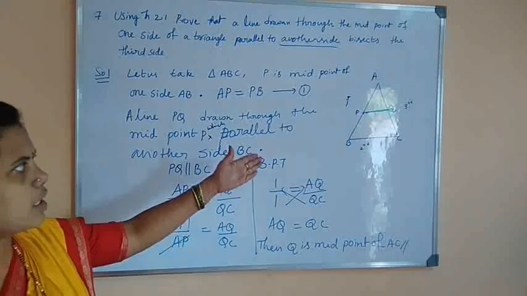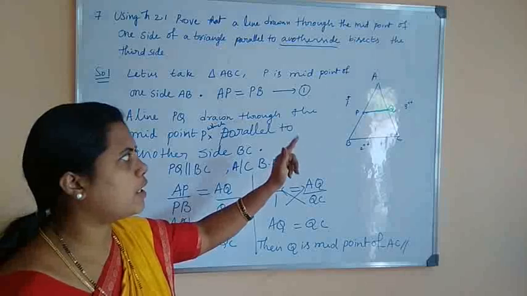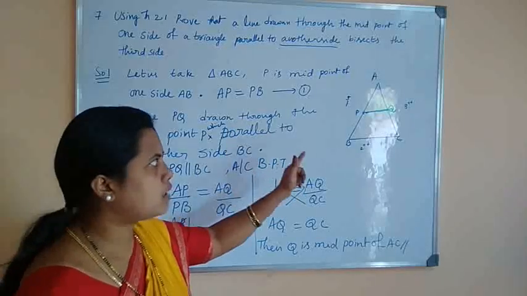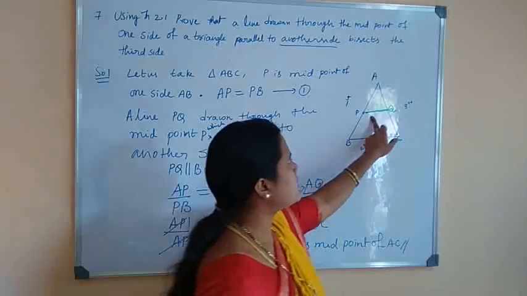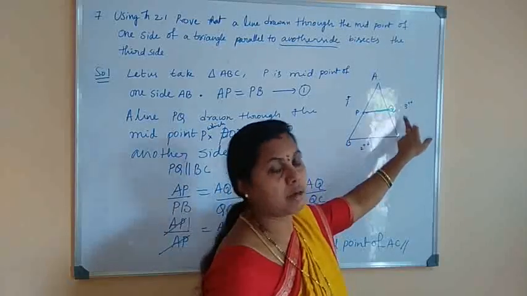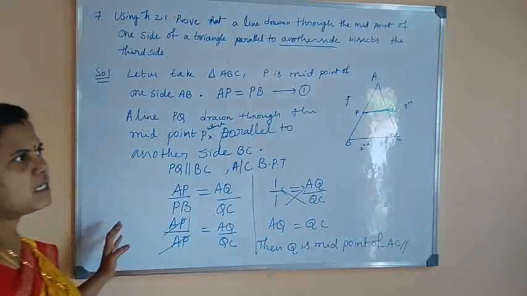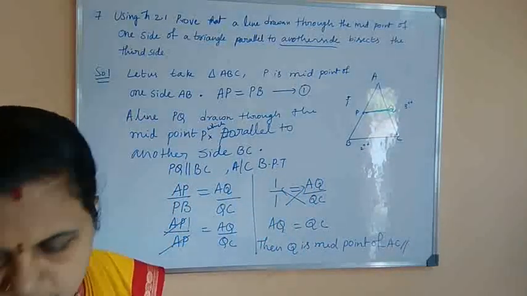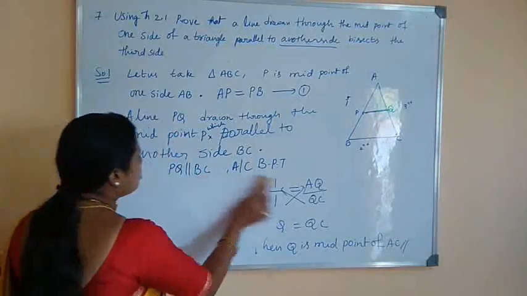I have written there first side, second side and third side. A point P is a midpoint on one side. Through that point, if you draw a parallel line to one side, that bisects the third side. Okay, this is very easy and important. By seeing the theoretical problem, you should not get confused, and you should not be afraid also.